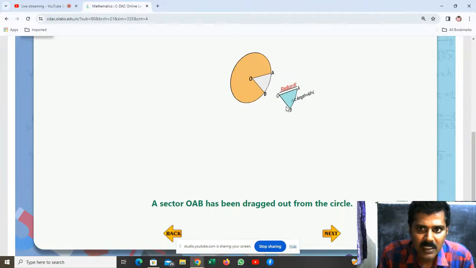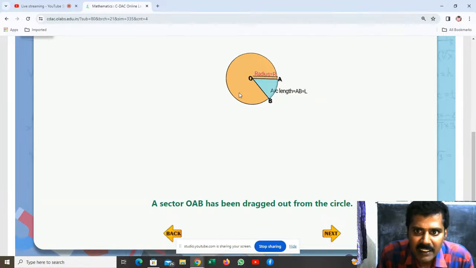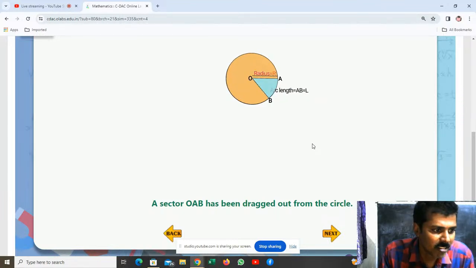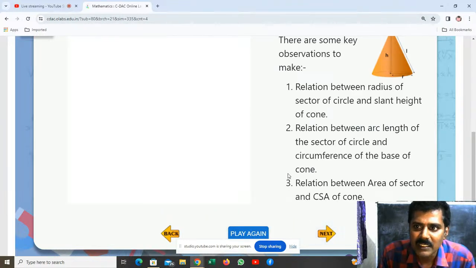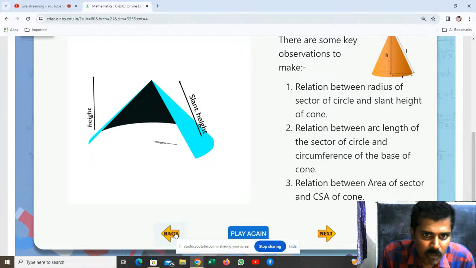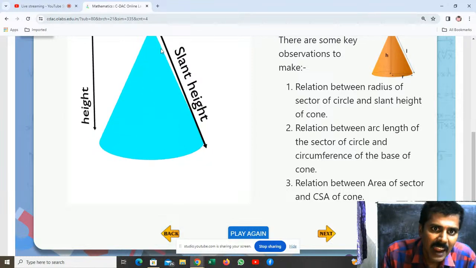Whatever sector I have taken is dragged out with radius R and arc length L. That sector will be colored differently and taken out. After dragging, see, I fold those end radii.